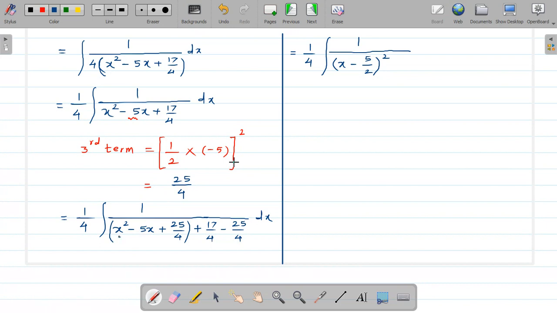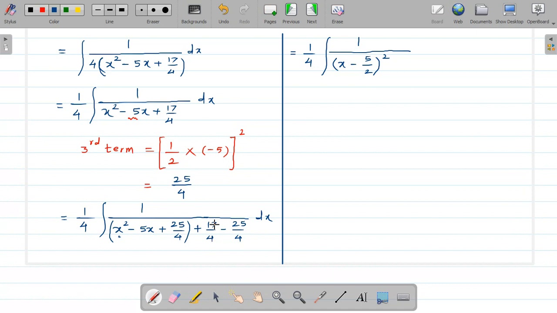Here it is x square, so you write x. The sign of the middle term is minus, so give the minus sign here. And the third term is 25 upon 4, so write 5 by 2. From x square you write x, from the middle term you write the minus sign, and from the third term take the square root, that is 5 by 2. So the total term will be x minus 5 by 2 bracket square.